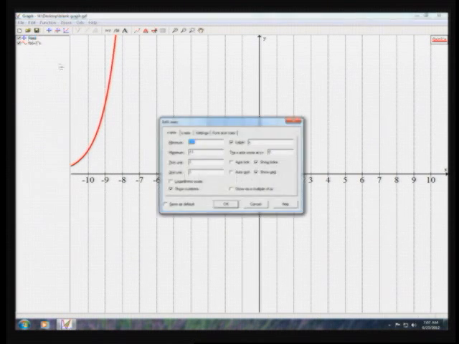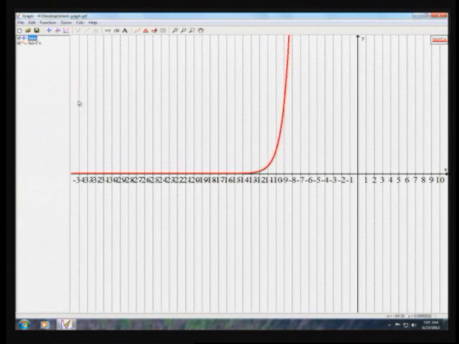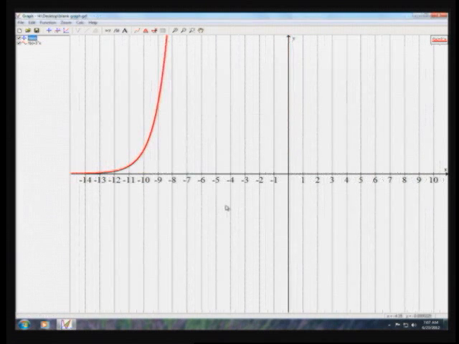And let me just bump out the window a little bit on the x's, make my x's go further to the left. And that's too far to the left. So you can see now on this really, really magnified window that the graph really isn't that close to the x-axis.